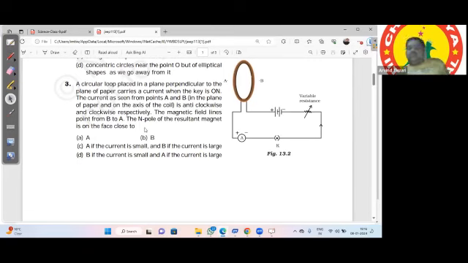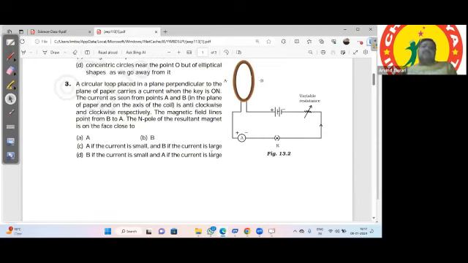Where will the north pole be? Will it be near this side A or will it be on the side B? Think of this. I will suggest you to really use your imagination.